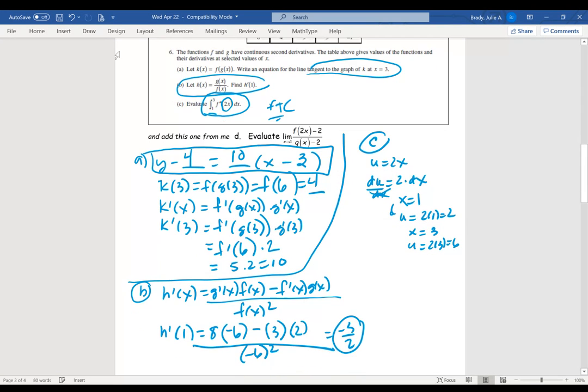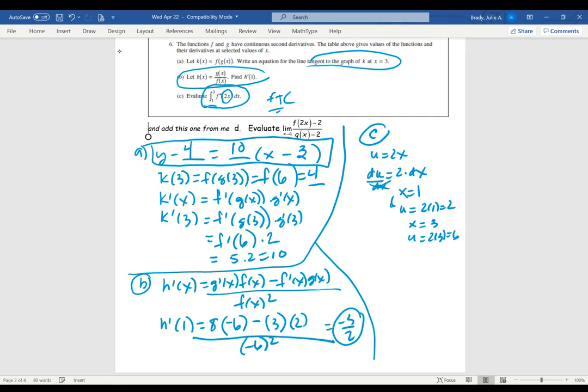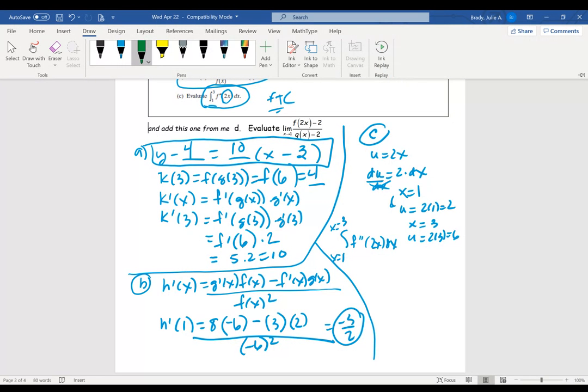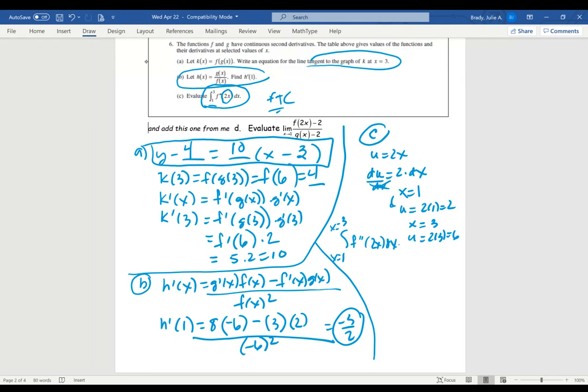Okay, now let's rewrite the integral. You ready? I'm going to write it here first. It's going from 1 to 3, f double prime of 2x dx. We know we need a 2 in there. I need to have a 2 times this dx, which means I need a 1/2 in the front.